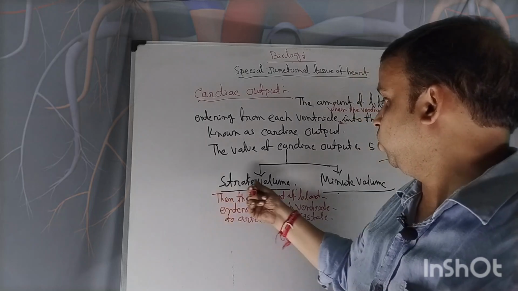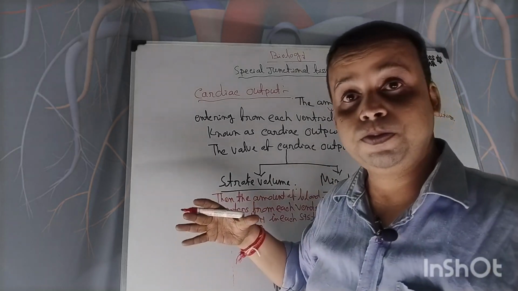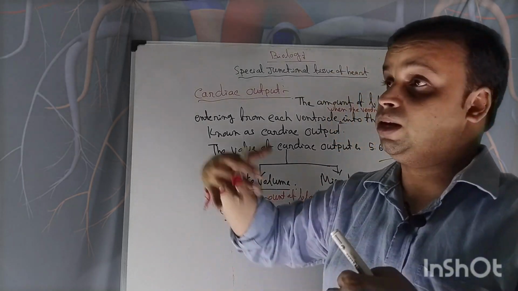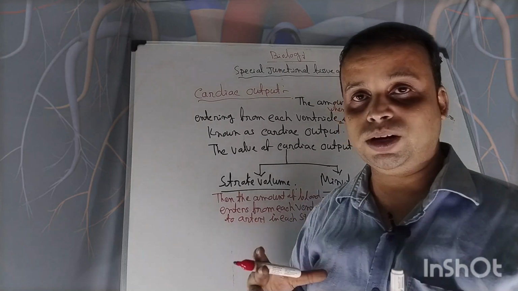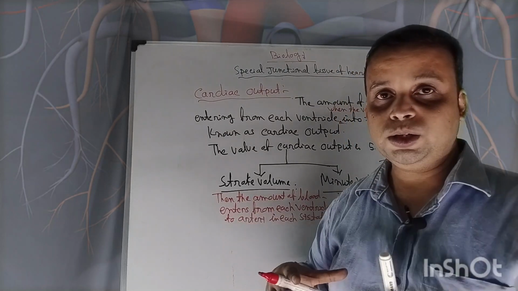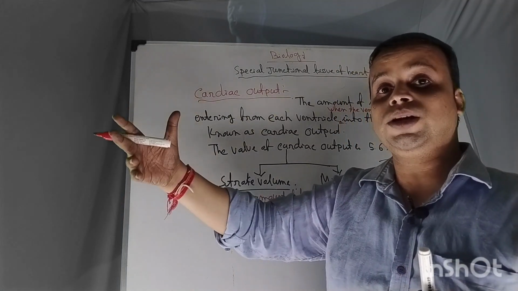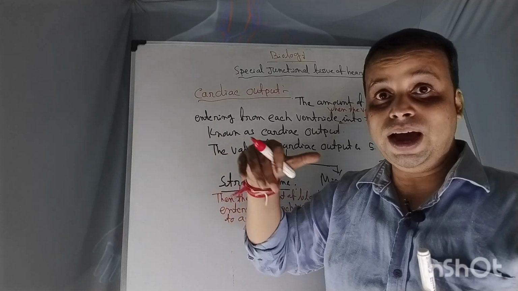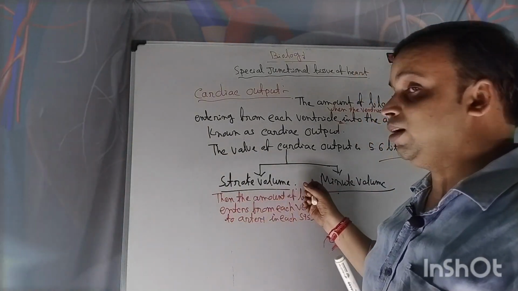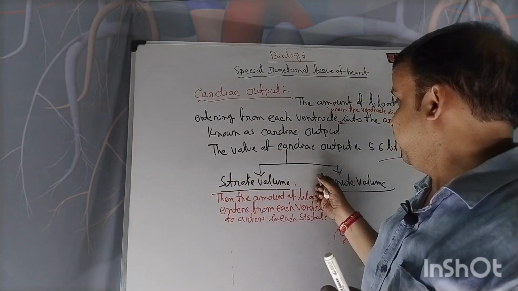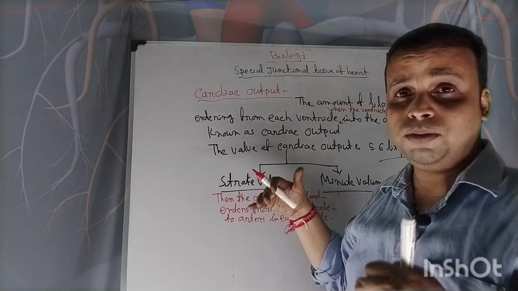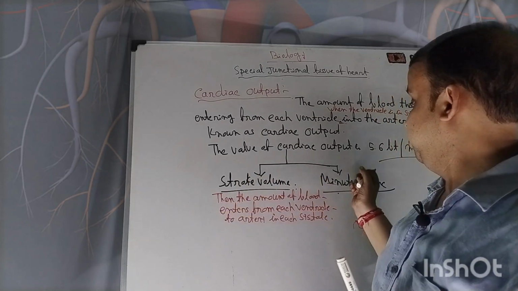And minute volume means, in systole condition, otherwise the blood will not enter, the amount of blood entering into the artery from the ventricle per minute.